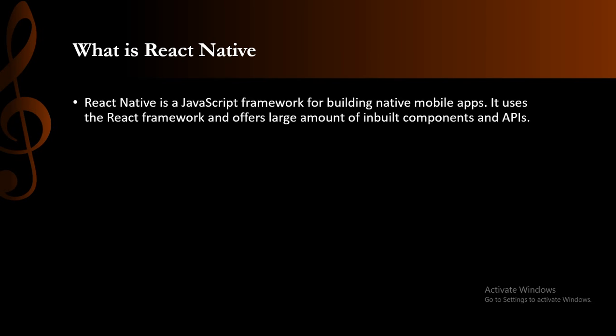Well, React Native was developed at Facebook. If you try to visualize the applications which are made at Facebook, for example Facebook itself, it has some React components in its app.